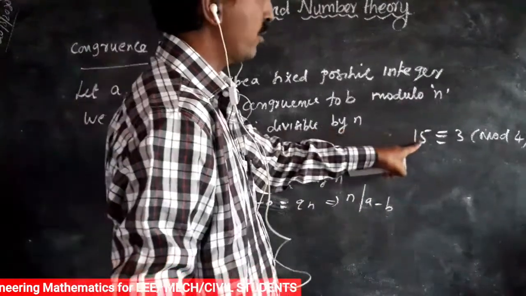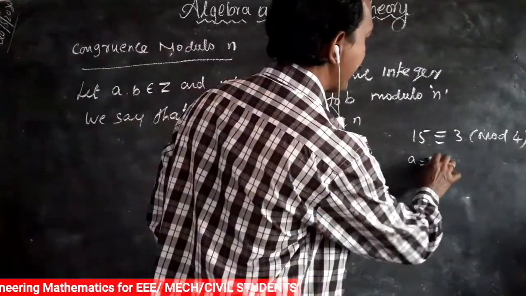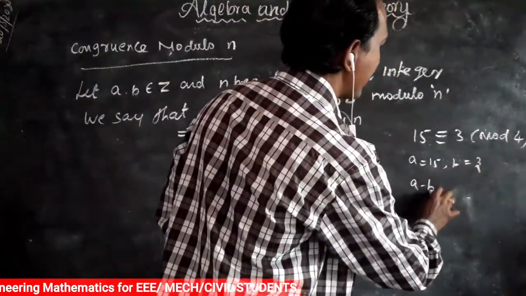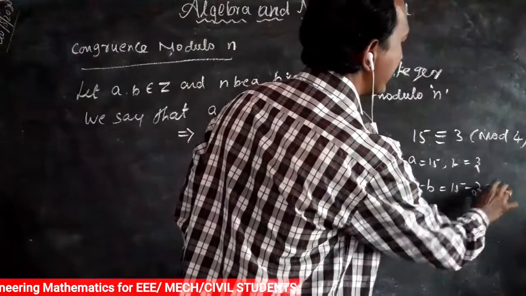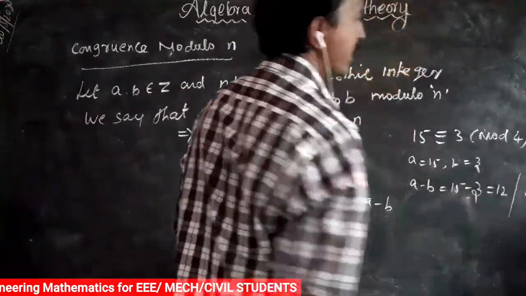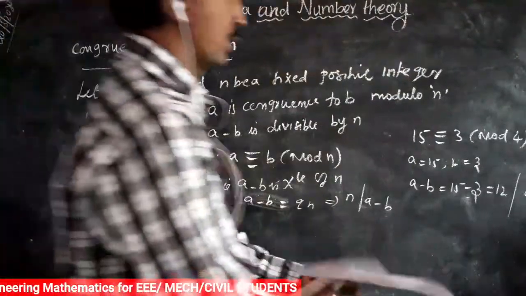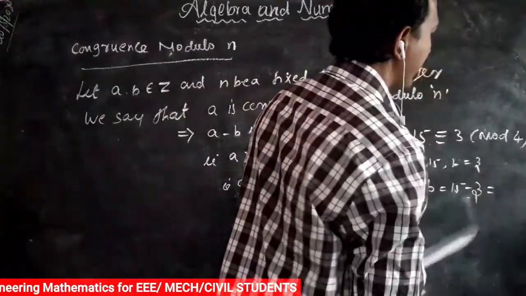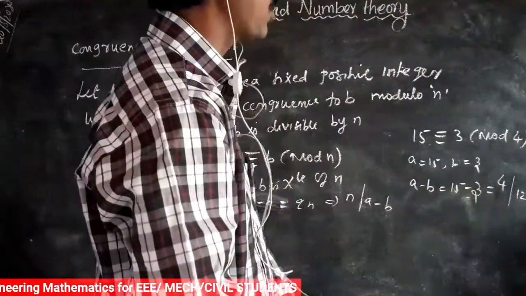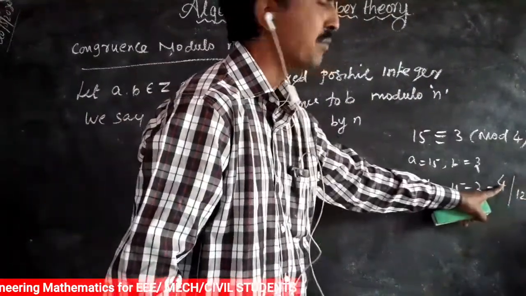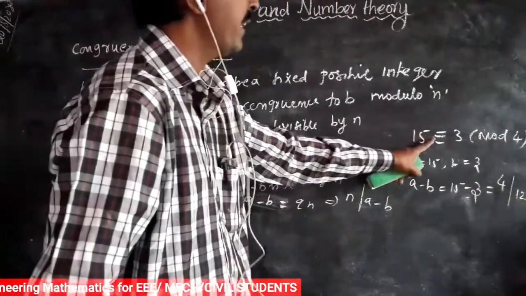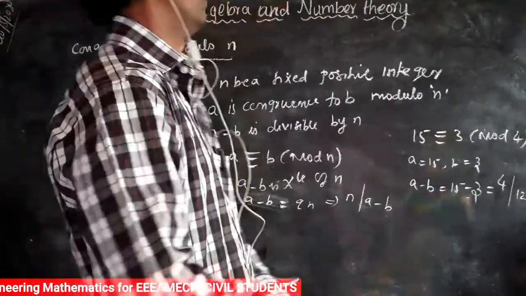Here a is equal to 15 and b is equal to 3, so a minus b is equal to 15 minus 3, that is equal to 12. So 12 is divisible by 4. 12 can be written in terms of 4, that is n divides a minus b. So 15 is congruent to 3 mod 4.